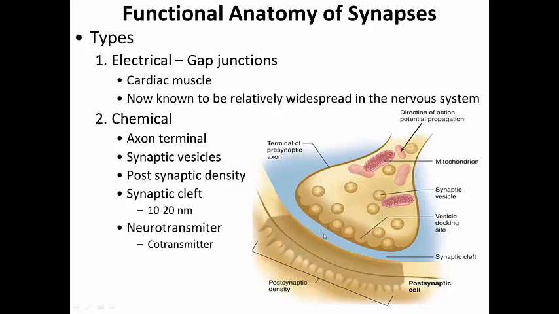And so it's extremely small. Remember, we didn't know that it existed until Otto Loewi came along in the 1930s and demonstrated that it did with his frog heart experiment, as you recall from back in chapter 1. And there's about 10 to 20 nanometers that are present between these two adjacent cells.